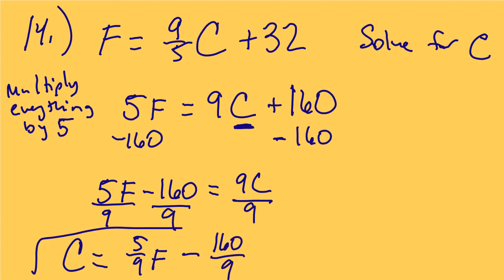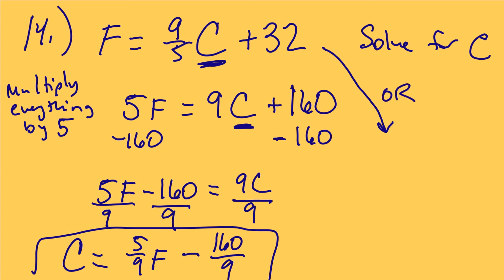Now, if you look this up, you don't see a formula like this because they didn't get rid of the fraction right away. So what they did is they just cared about the C. They subtracted 32 from both sides.